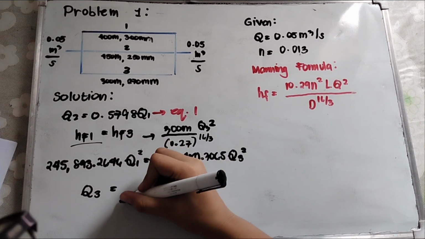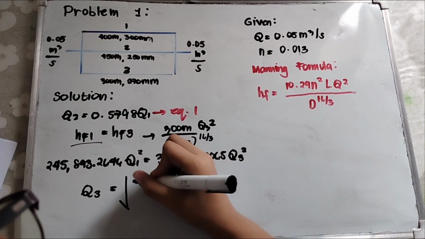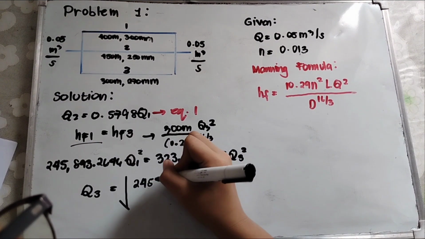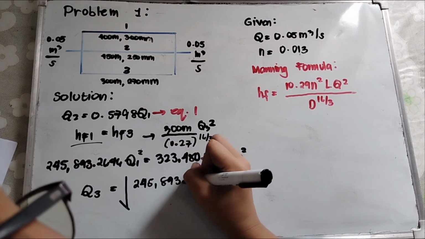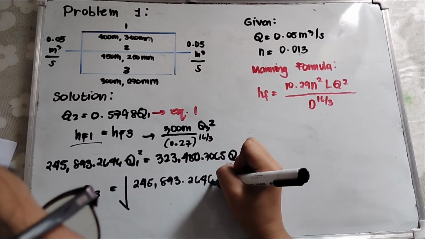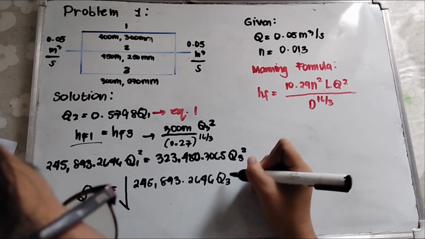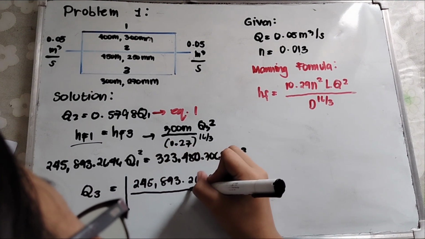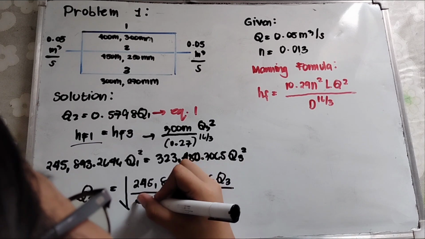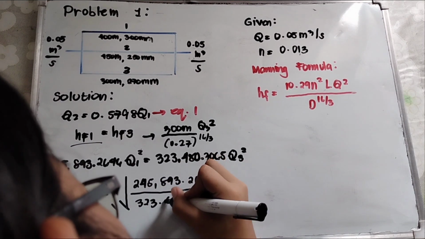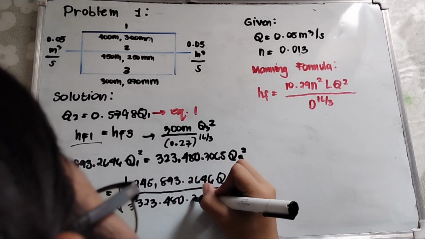So the same process as we did in our equation 1, in which we came up with an equation of Q sub 3 is equal to the square root of 245,893.2646 over 323,480.3065 times Q sub 1.